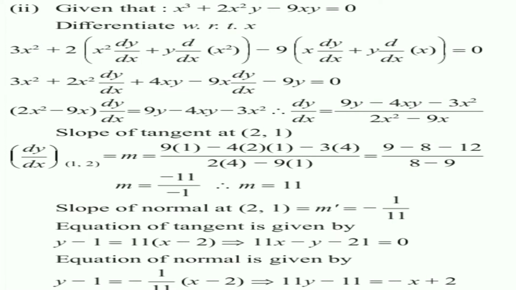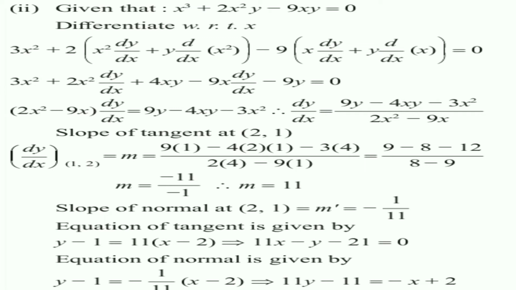So 3x square plus 2x square dy by dx plus 4xy minus 9x into dy by dx minus 9y equals 0.